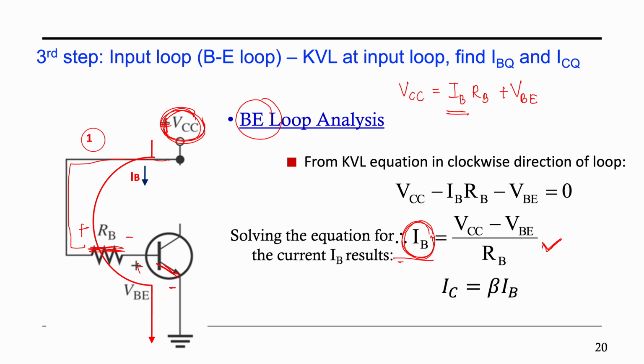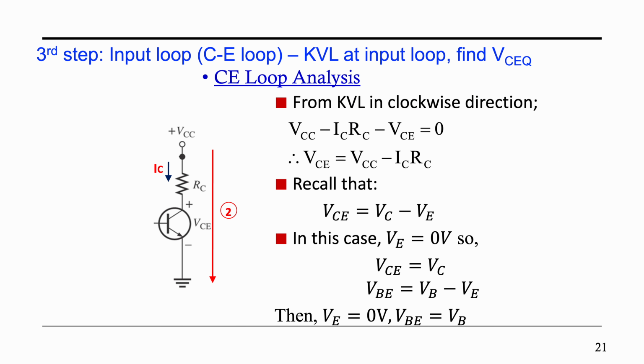Once you get this value of IB, remember the main formula from previously, IC is equal to beta IB. You already know the value of IB, and beta is usually given to you, so you can calculate the value of IC. Once you know the value of IC, the collector current, we can proceed to the CE loop.